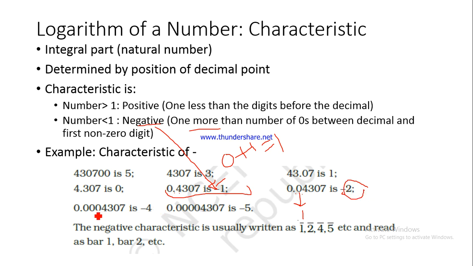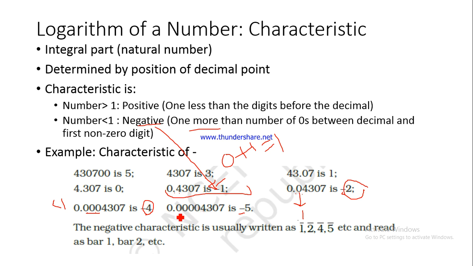Likewise in this case, it has got to be minus because it is less than 1, and there are 3 zeros between the decimal and the first non-zero digit, which means the characteristic would be 3 plus 1 is equal to 4, and minus would come because this number is less than 1. Likewise here, the sign would be minus, that is perfectly fine.